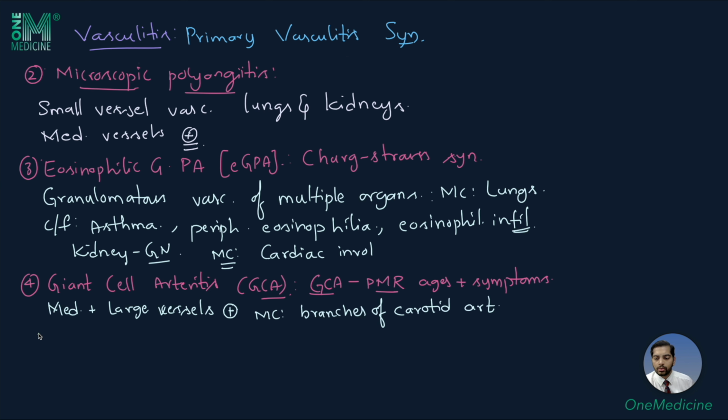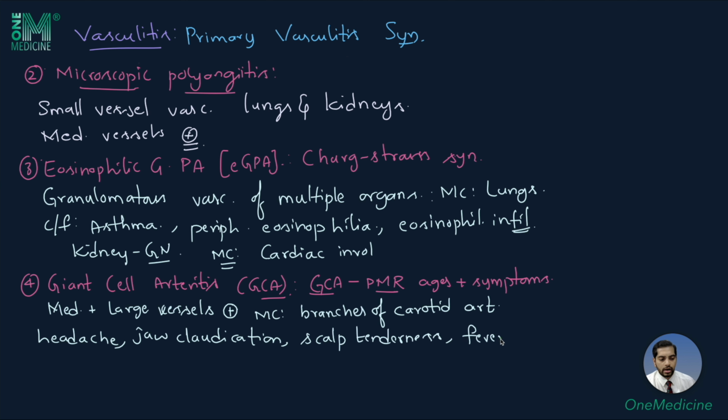Classical symptoms include headache, jaw claudication, scalp tenderness, fever, and other constitutional symptoms. Patient can also have muscular pains. The muscular pains can be an early symptom of polymyalgia rheumatica.